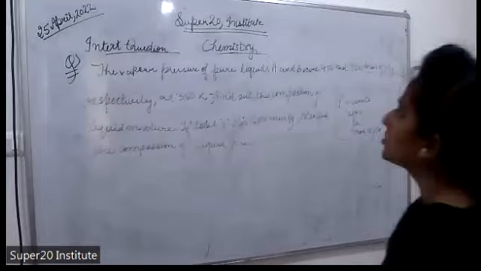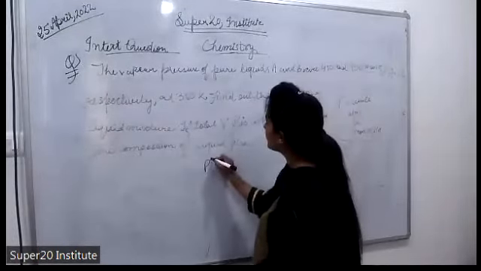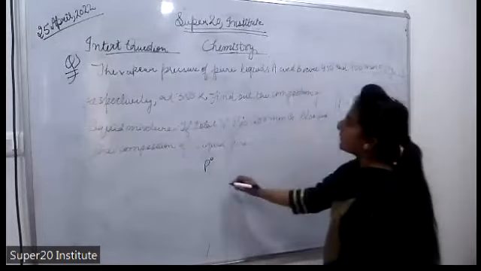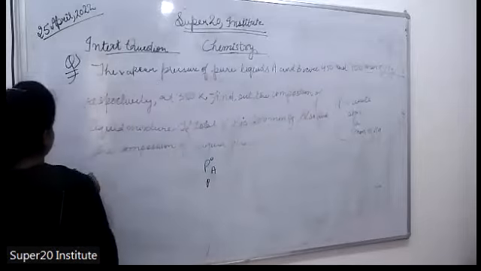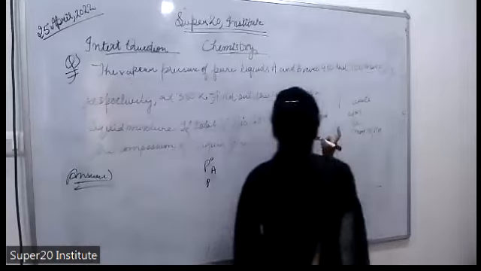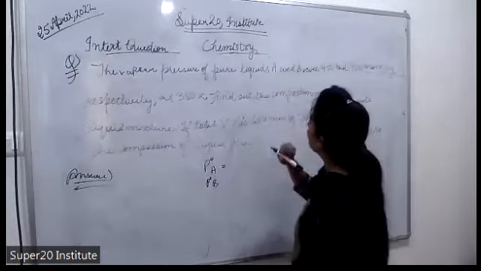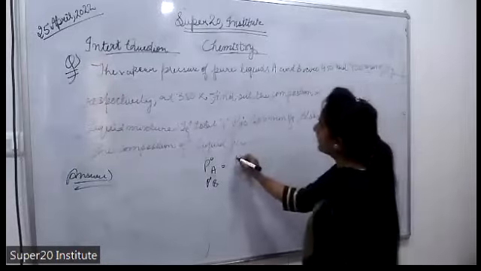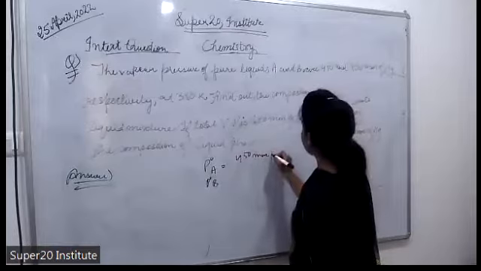So what is given in the question? The vapor pressure of pure liquids. That means P naught values are given, for pure liquids A and B. What information have we been provided? Value of P naught A is 450 and the unit is mm of mercury column.